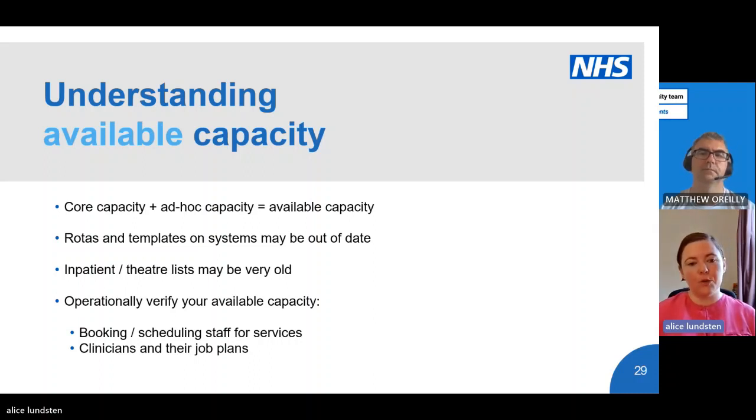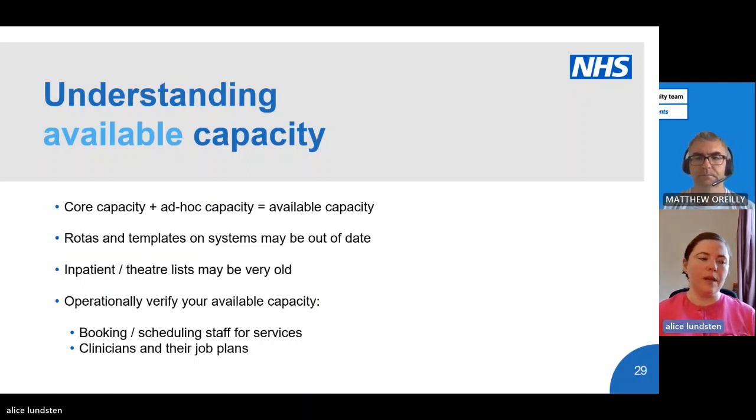In the models that we use, most of them, if not all of them, have got different sections that you can populate. Core capacity would be what you expect to be consistent and available ongoing. Ad hoc capacity can be anything that will be in a more temporary or variable capacity.